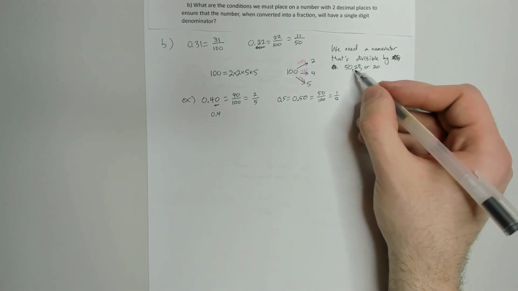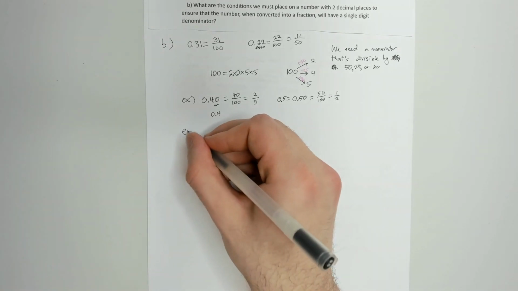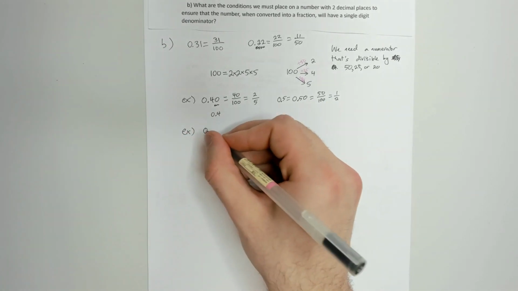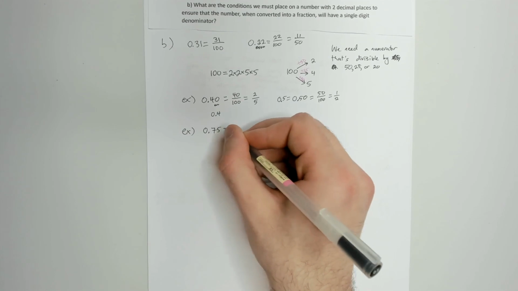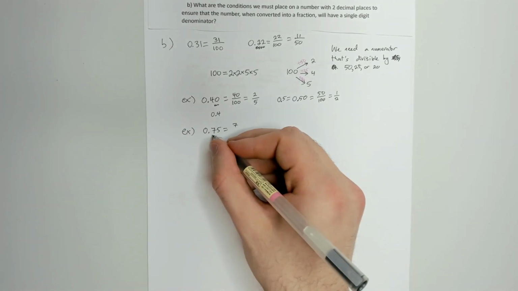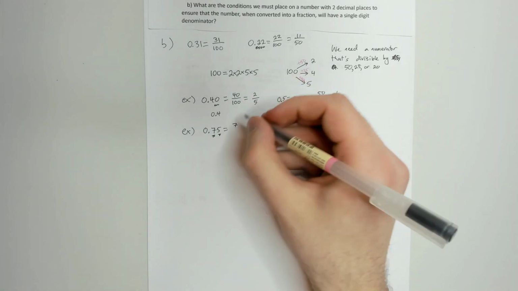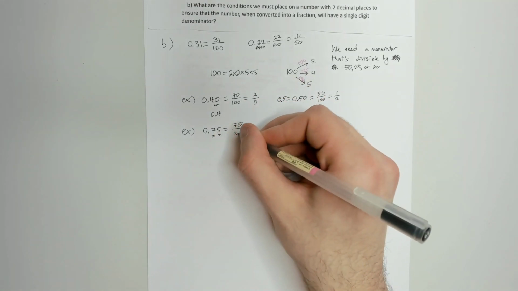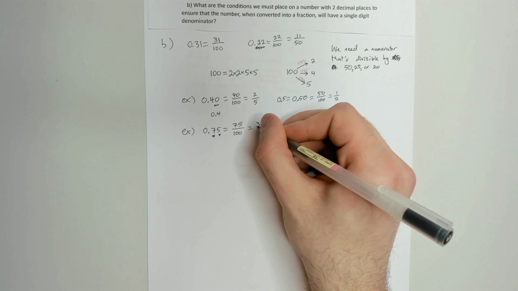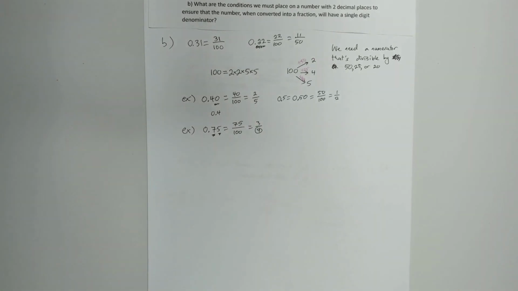But the 25, that's where it actually gets good, because for example, 0.75, that's something where both of these are non-zero, right? They're both meaningful digits. So this can be written as 75 over 100, dividing both by 25, we get 3/4. That has a single digit denominator.